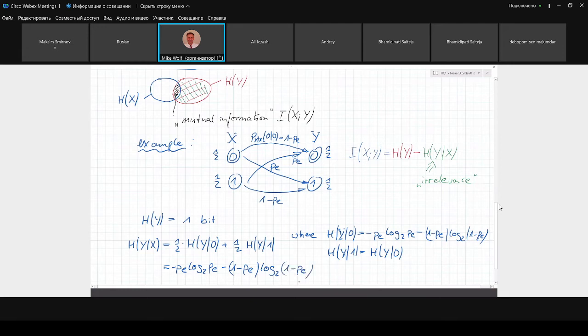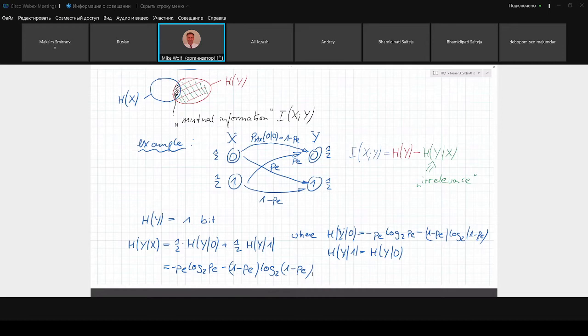Then we have the mutual information. We could draw a diagram, because we know h of Y is 1 bit. And we have h of Y given X, and we have to subtract this value from 1 bit, and then we have it. And if this value would be 0, then the mutual information would be basically 1 bit.